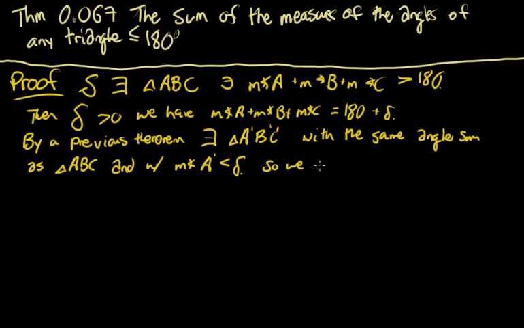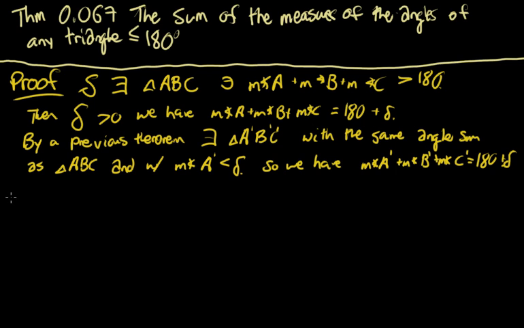So we now have measure of angle A prime plus measure of angle B prime plus measure of angle C prime equals 180 plus delta.